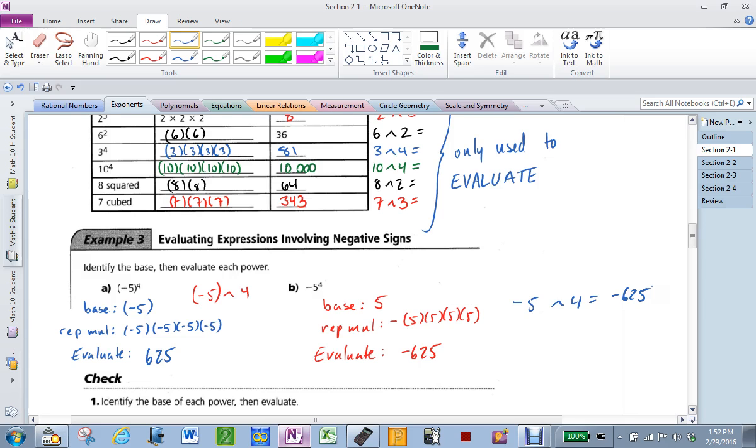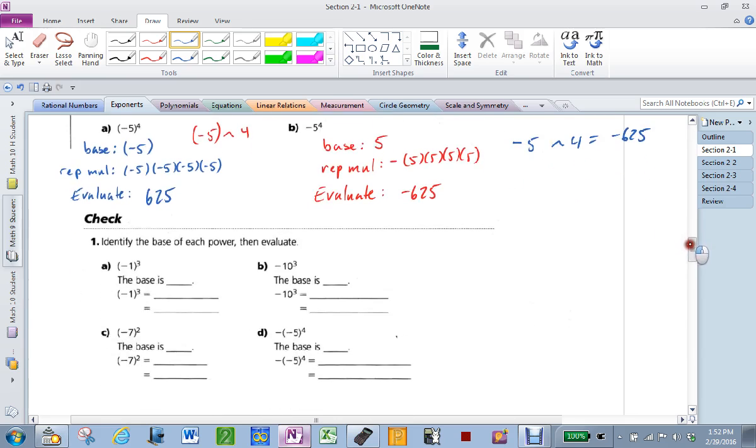Now, let's look and make sure we're doing this right. In the first one, what do you think the base is? Negative 1. Why, Emily? I'm not saying if you're right or wrong. Why do you think the base is negative 1?